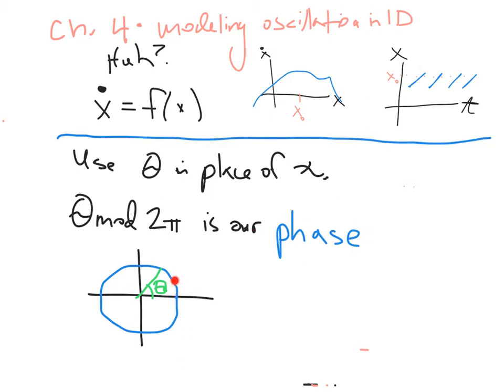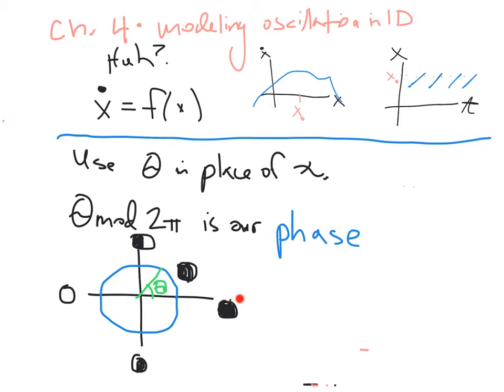So we have a system, and theta is telling us where we sit on this system. An example where we're really used to talking about phase is the phase of the moon.